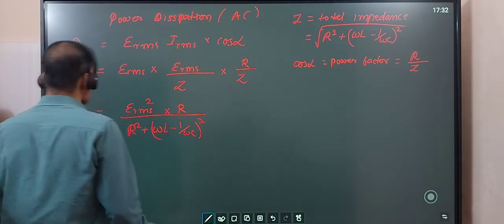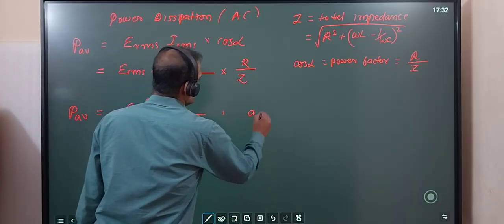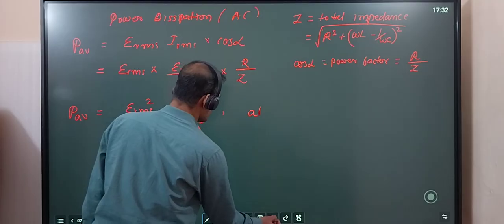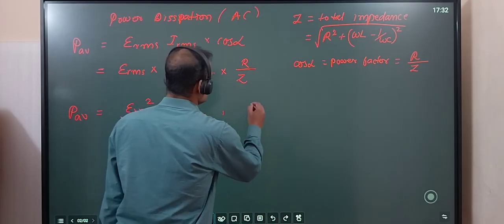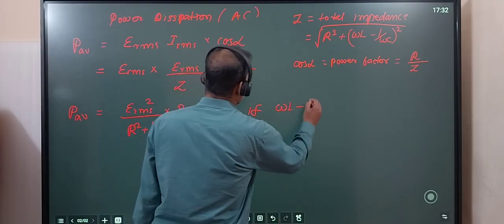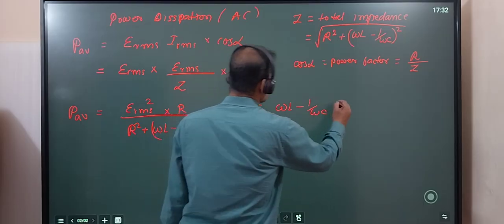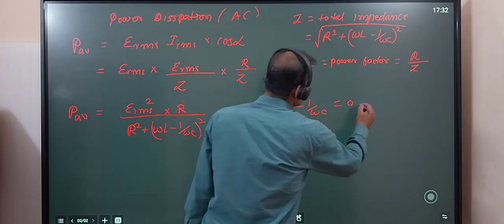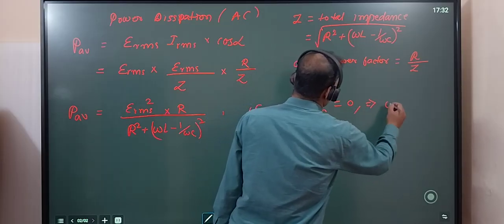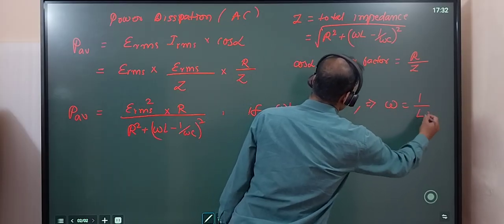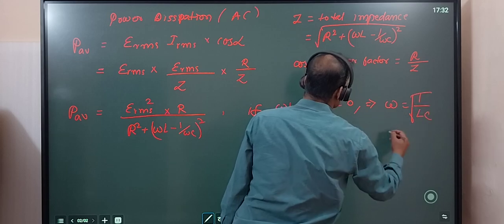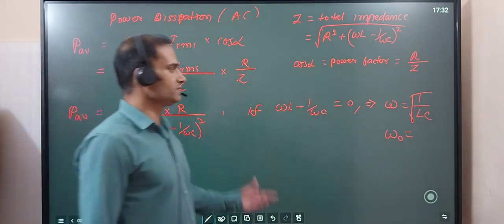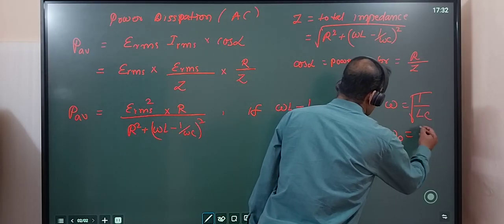Now if omega L minus 1 by omega C is 0, that means omega is 1 by root LC, I will give this angular frequency the name omega naught.